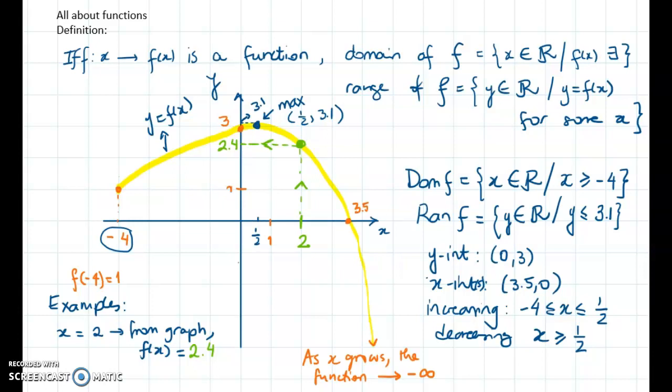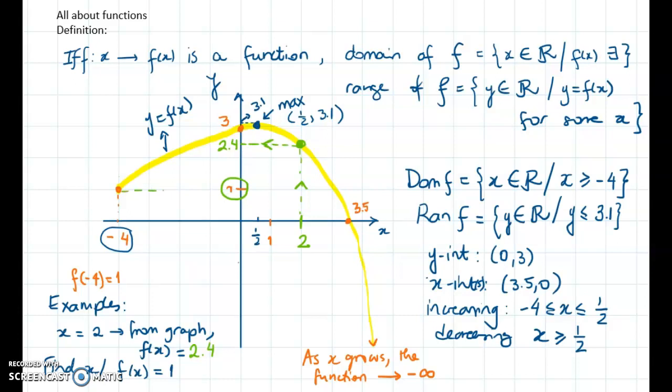Now let's say that I want to find x such that f of x is equal to 1. So I'm going to find the value y = 1 in the y-axis. Here it is. And I'm going to look for a value or many values where the function takes the value 1.